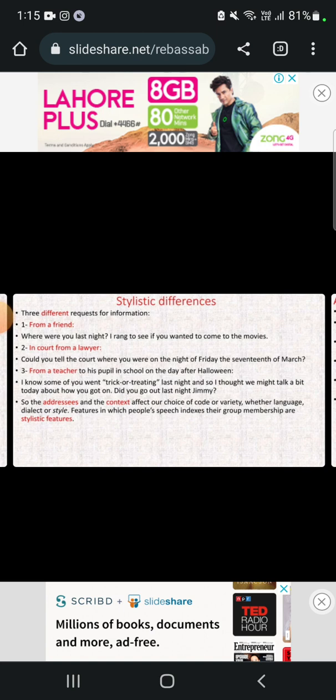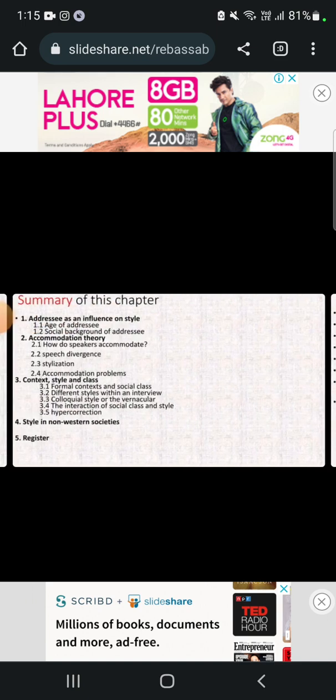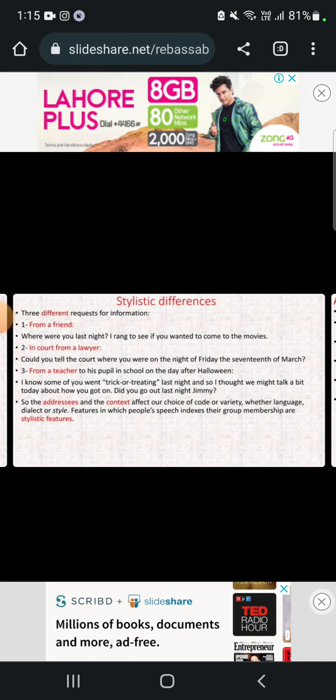But in a quote from a lawyer, this is how a lawyer may ask for information: "Could you tell the court where you were on the night of Friday, the 17th of March?" So in this discourse, you can see there is a lot of numerical, exact and concrete request of information.